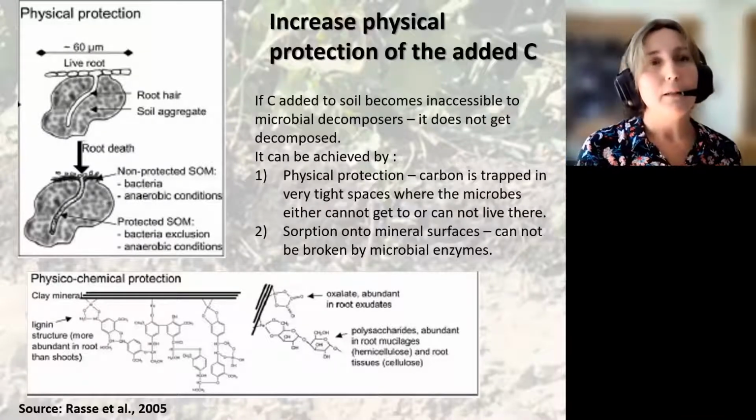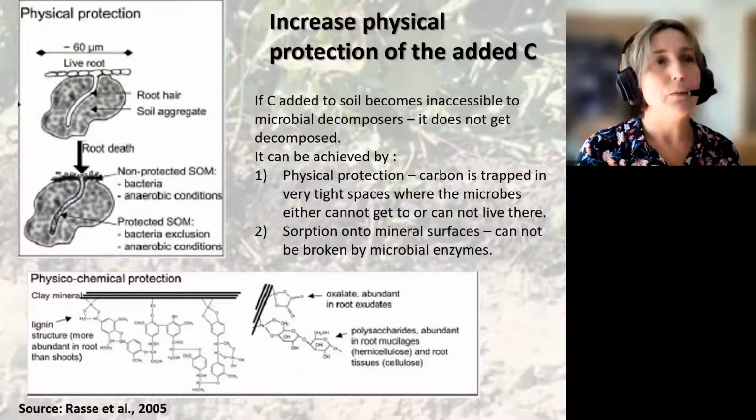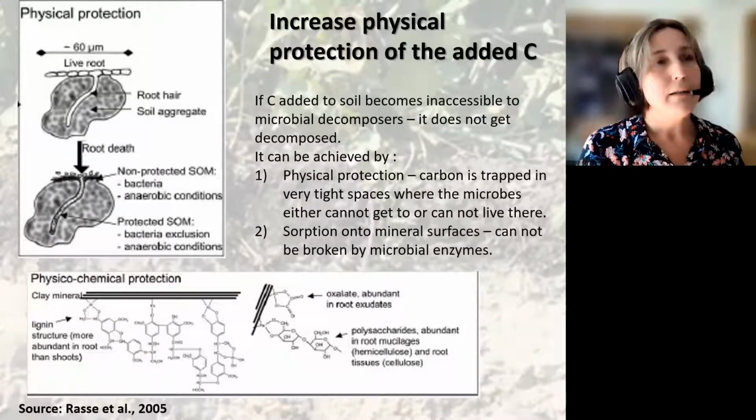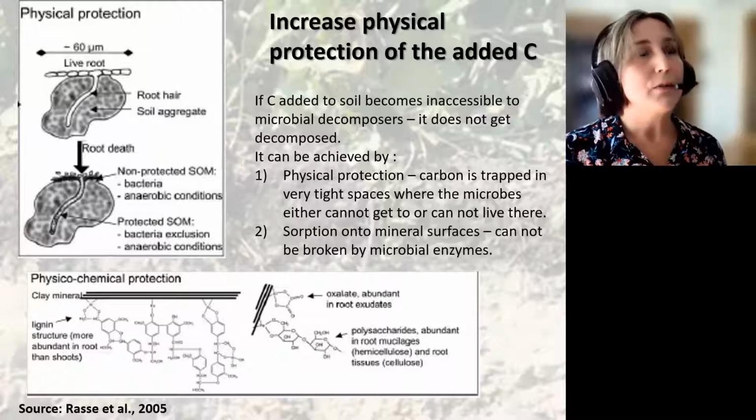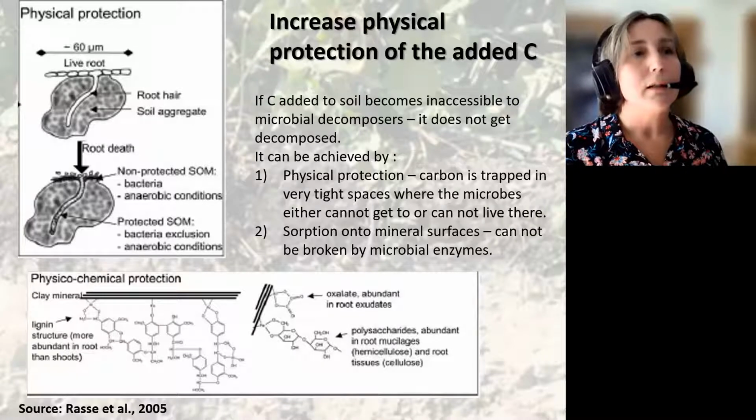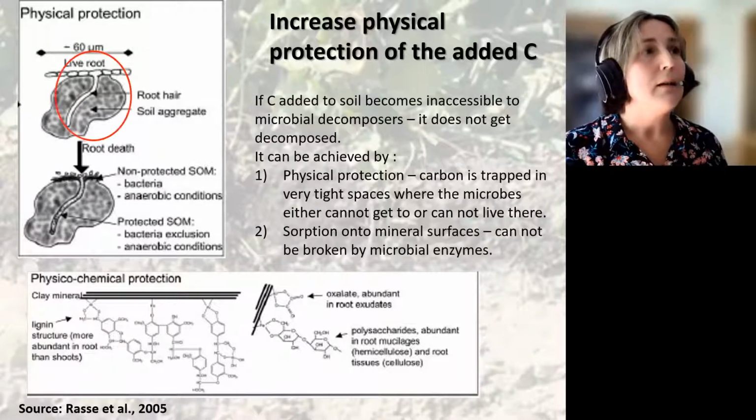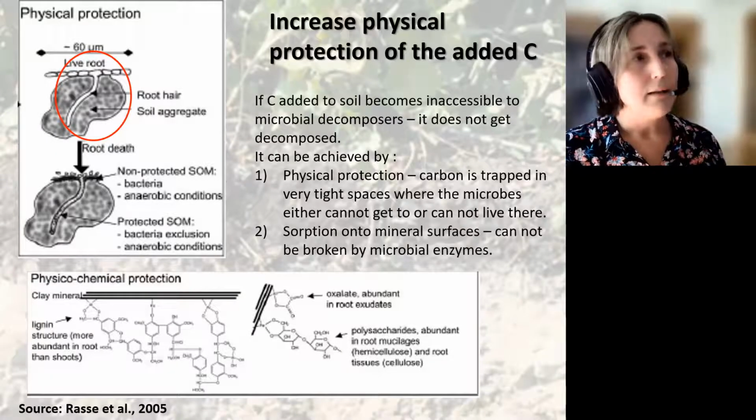Now increasing the protection, so it's hiding the carbon inputs from the decomposers. Here we have again two strategies that you can think about. One is physical protection, that is, carbon is trapped in very tight spaces like that little piece of root or root hair inside the aggregate.